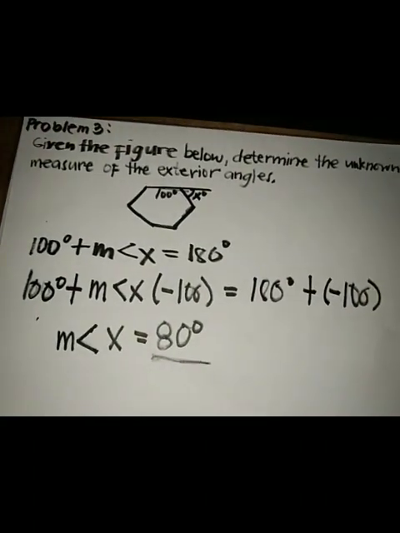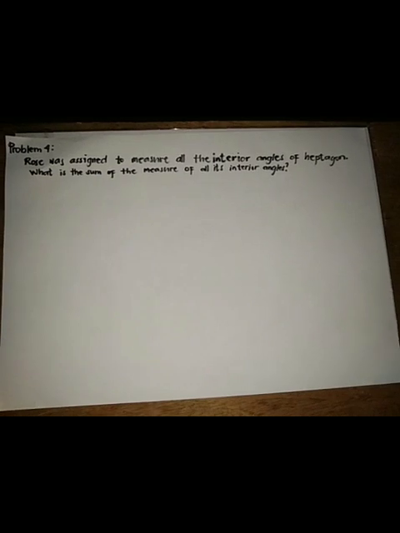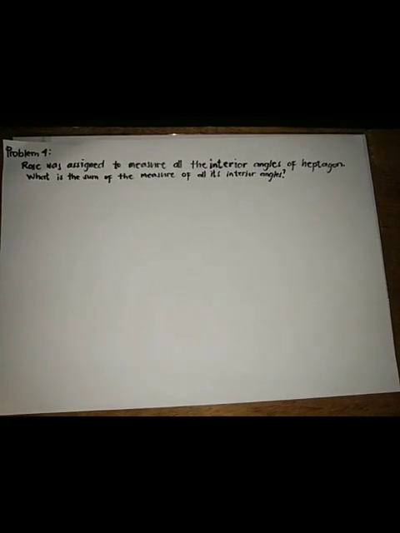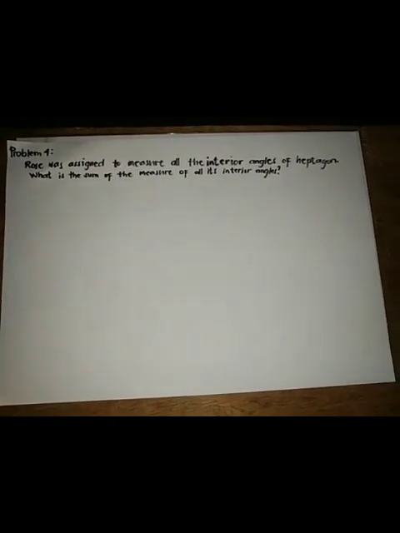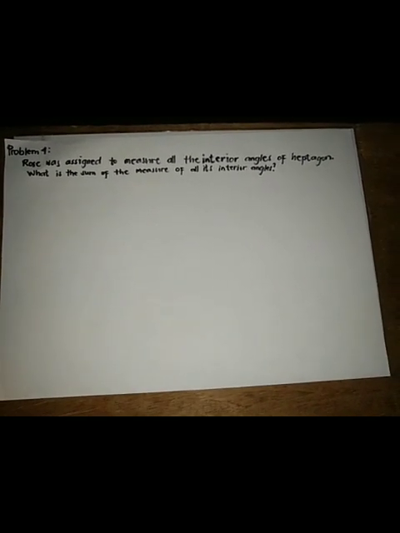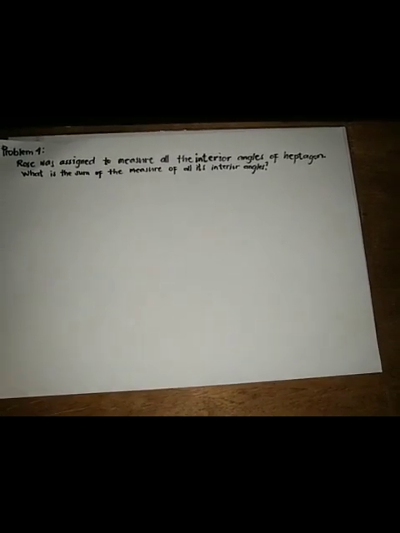Let's solve another problem. The next problem is, Rose was assigned to measure all the interior angles of a heptagon. What is the sum of the measure of all its interior angles? Step 1. In the given problem, our goal is to solve for the measure of all the interior angles of a heptagon.